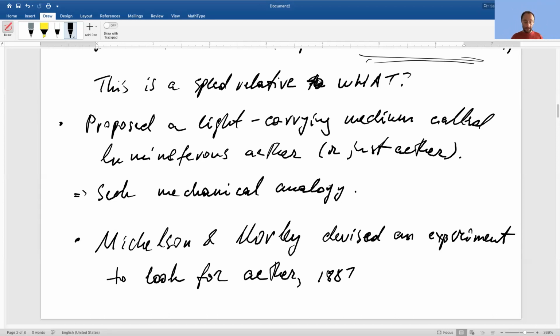In short, the idea is this. It's just a sketch. If the space is permeated by ether, and Earth rides through this light-carrying medium, then just as in our convertible example, the light that's traveling in the direction of the ether headwind will take a different amount of time than the light that travels in the opposite direction or in the perpendicular direction.